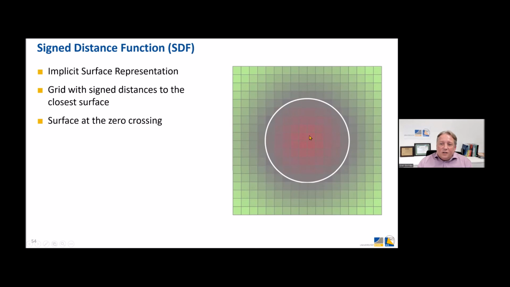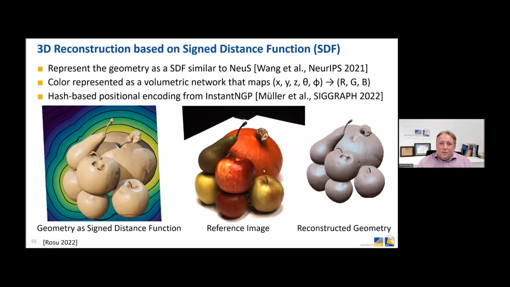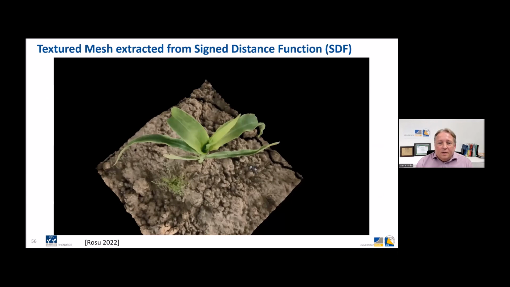If we are inside an object, this distance would be negative. So at the zero crossing of this function, we would estimate the surface. This method makes the assumption that there is a surface, and this is combined with the instant graphics primitives and rendering novel views.